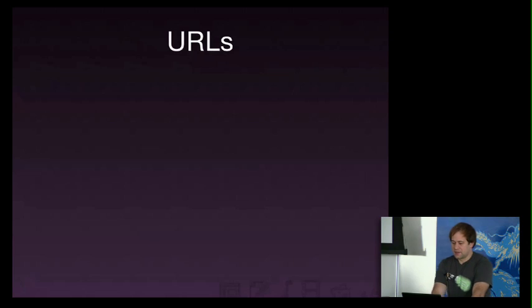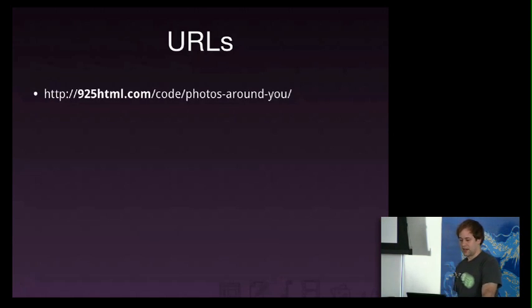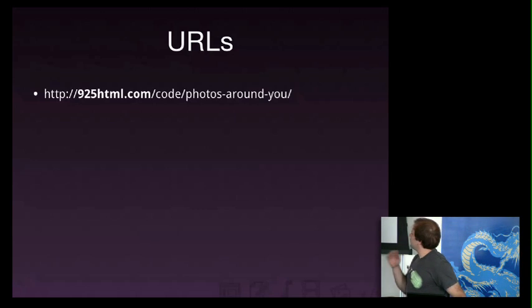So I wanted to look at some of these URLs and see progressively how they can get hard to actually process useful data out of them. We can start with my blog, 9to5HTML. I'm the only one who publishes on it, so it should seem pretty easy.